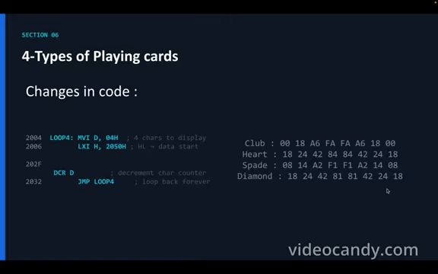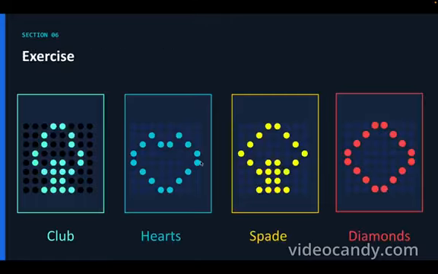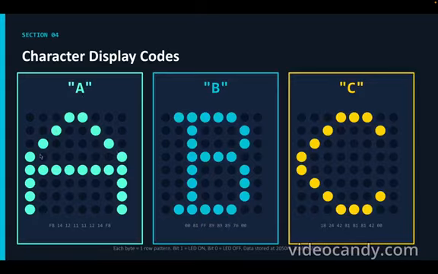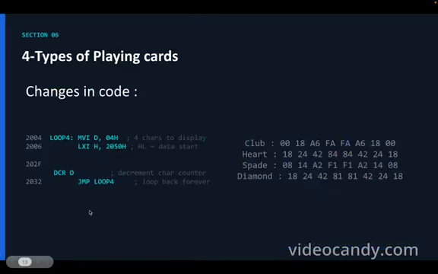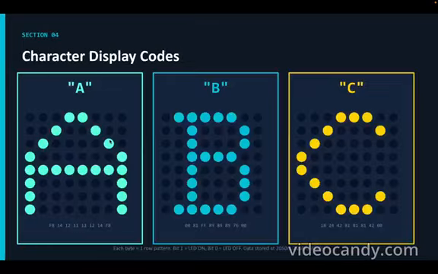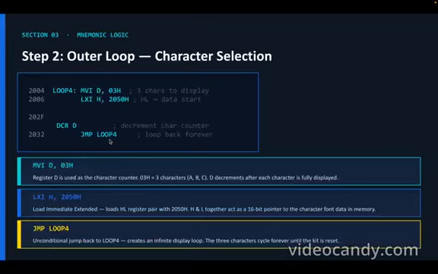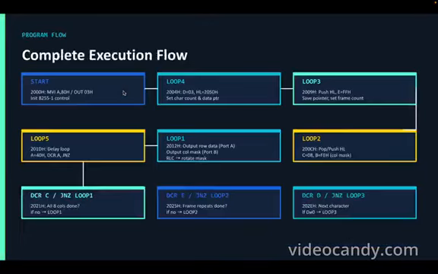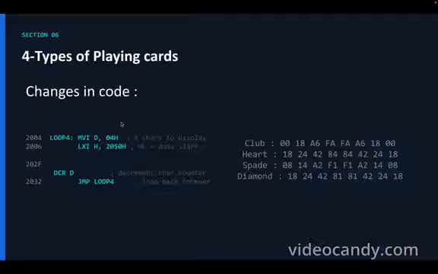How exactly the data is calculated, we have known here. One small change in the code that we have to make to print all of them is to change from 3 characters to 4 characters, which is MVI D, 04 instead of the initial 03. If I go back and show it, instead of 03 I change it to 04 to emphasize that there are now 4 characters which I am going to print.